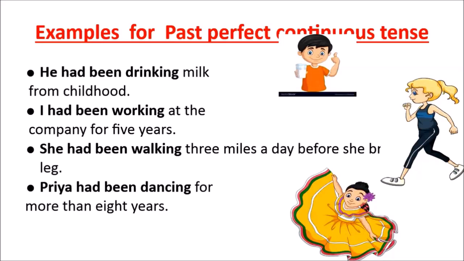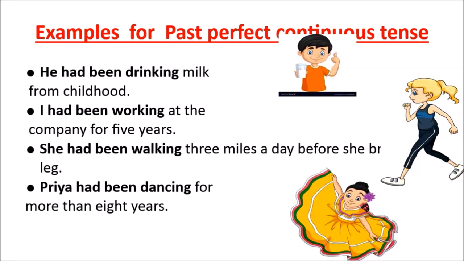Look at the next example. She had been walking 3 miles a day before she broke her leg. So, in this sentence, it is very clear that she had been walking 3 miles in the sense she was doing it regularly as a continuous process before some point of time. Before which time? Before she broke her leg. She broke her leg.